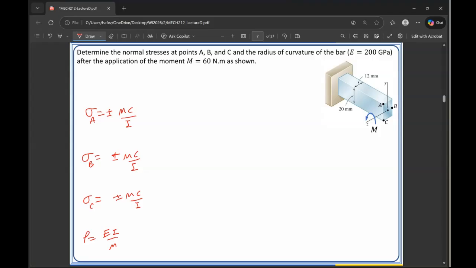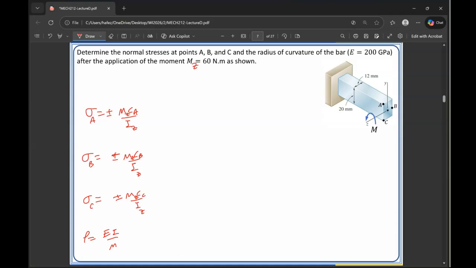So it's about Z. M and I get the same subscript everywhere, and C goes with the point. So it's point A, B, C.